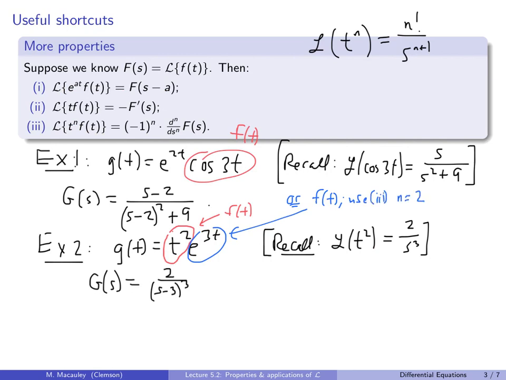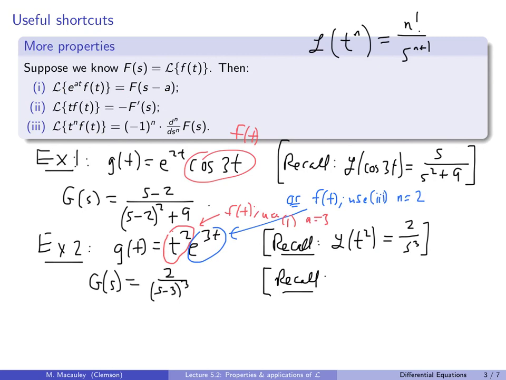And what we did here is, we used property 1 for a equals 3.